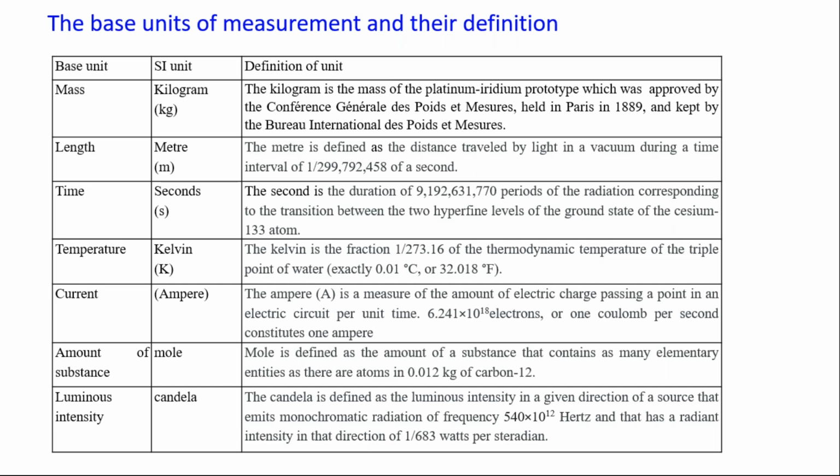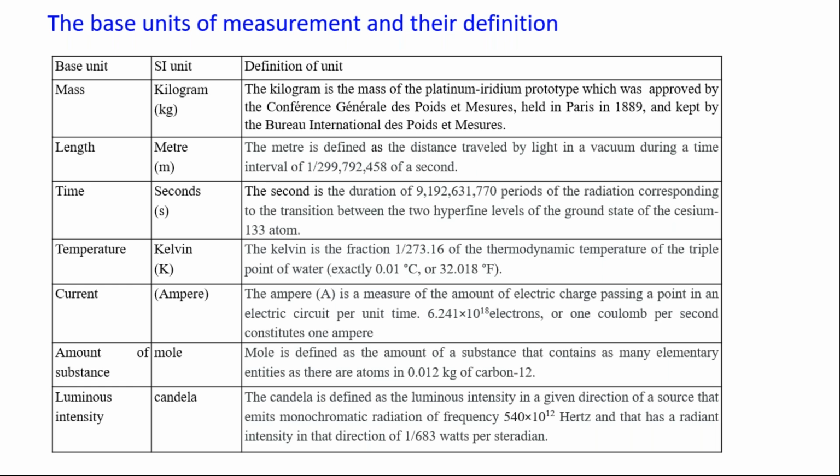The base unit of mass is the kilogram, which is the mass of a 1 kilogram block of platinum iridium, actually kept in a museum in Paris, and it is going to be shifted to another place. So mass, the SI unit is kilogram.